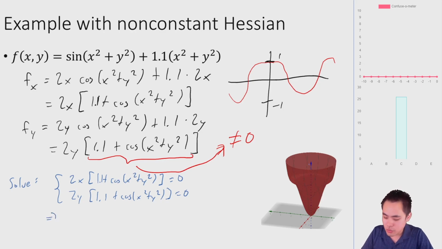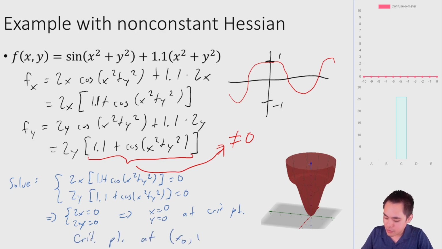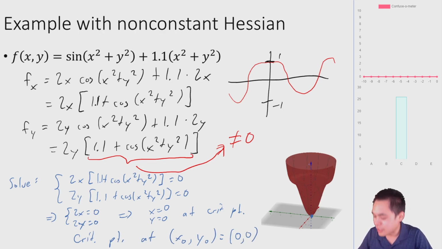And so this gives you the system 2x is equal to 0 and 2y is equal to 0, which of course implies that x is equal to 0, y equal to 0. So the critical point is at x naught, y naught equal to 0, 0, which is this point here, as you can see from the graph.